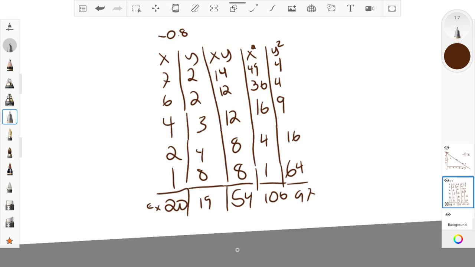Okay, so now that we have all of our variables, we're going to plug it into our formula.